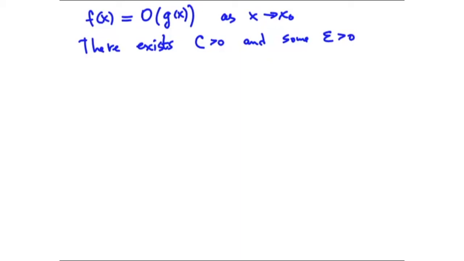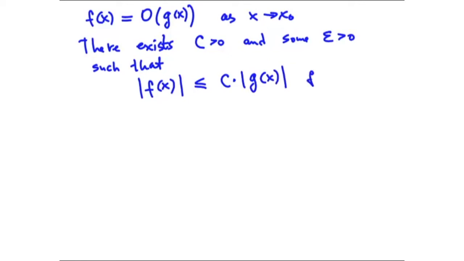F of x is big O of g of x if there exists a constant c and some small epsilon greater than 0, such that the absolute value of f of x is asymptotically bounded by this constant multiplied by g of x for any x in the epsilon ball centered at x0.